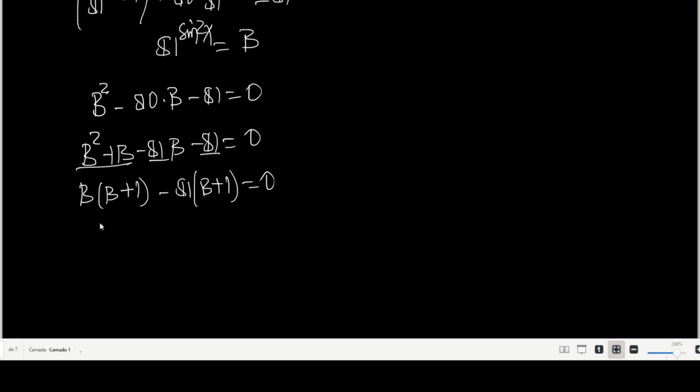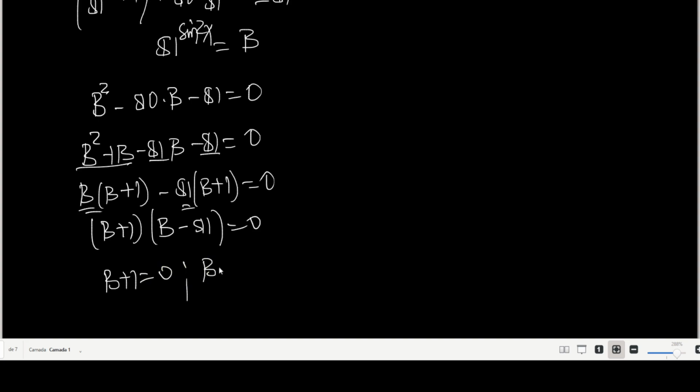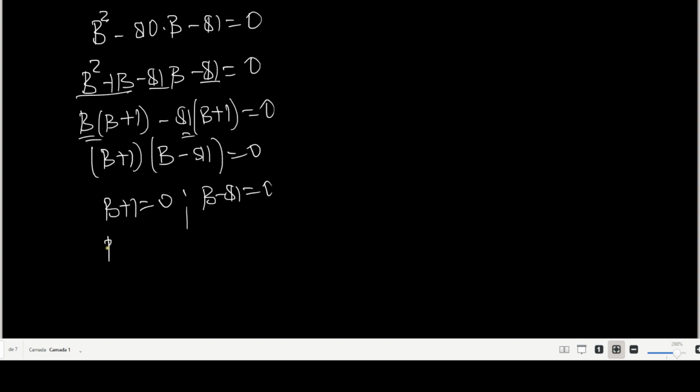So we have b plus 1 multiplied by b minus 81 equals 0. So b plus 1 equals 0 and b minus 81 equals 0. Then b1 equals minus 1, and b2 equals 81.